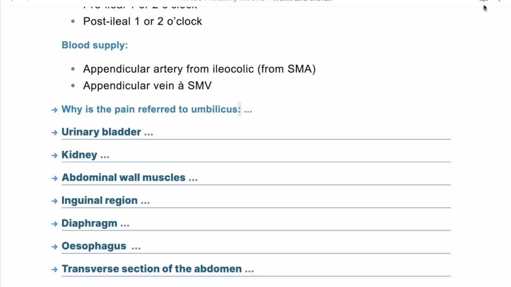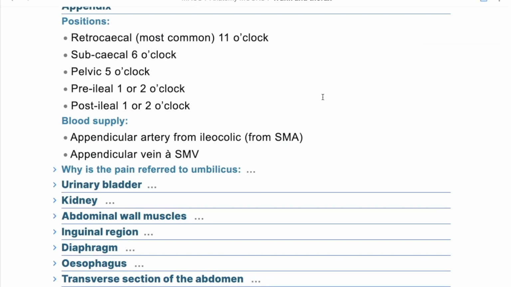Why is the pain referred to the umbilicus at the beginning? Or to rephrase it, why does the pain shift to the right iliac fossa after being in the umbilicus? Initially the pain from acute appendicitis is a visceral pain, so it transmits its pain to the spinal cord via the T10 nerve, which is also the dermatome for the umbilicus.